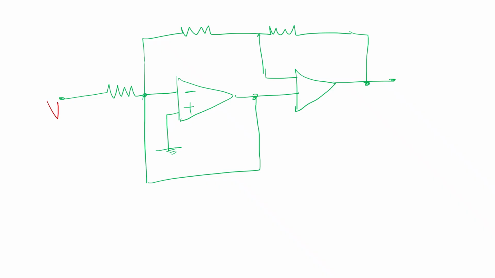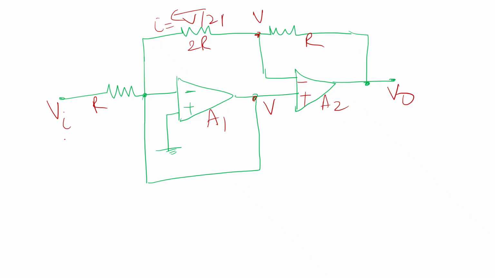The input voltage is fed to the inverting terminal of operational amplifier A1, and the output of operational amplifier A1 is fed to the non-inverting terminal of A2. They are fed at two different voltages, V and V. Output voltage 2 times R, so the current through this is V by 2R.